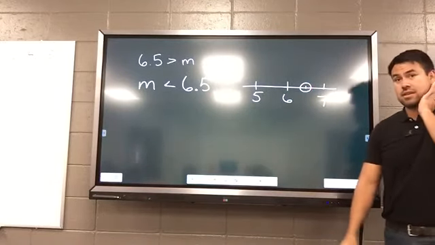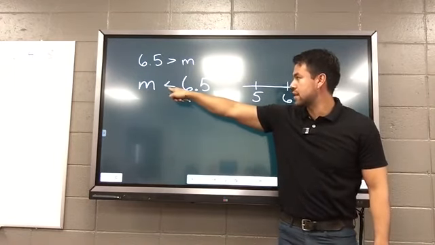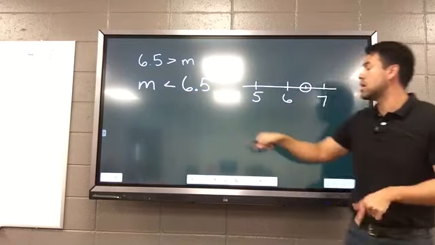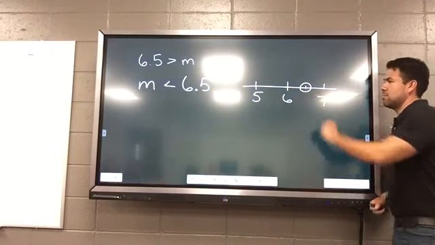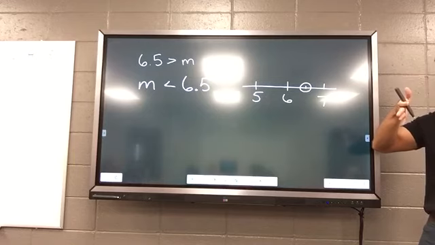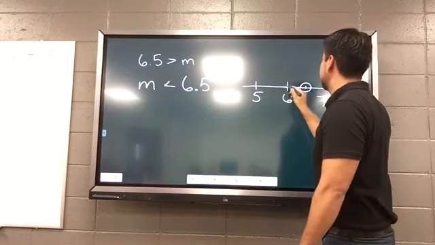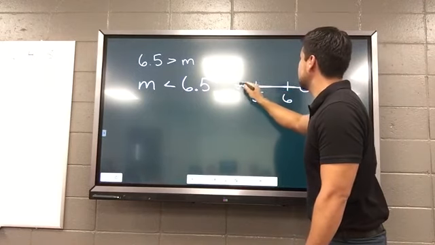How do I know it's open? Because it doesn't have an equal sign. It doesn't have the line underneath. So it's just less than 6.5. Where does that arrow go? To the left. How do I know it's to the left?